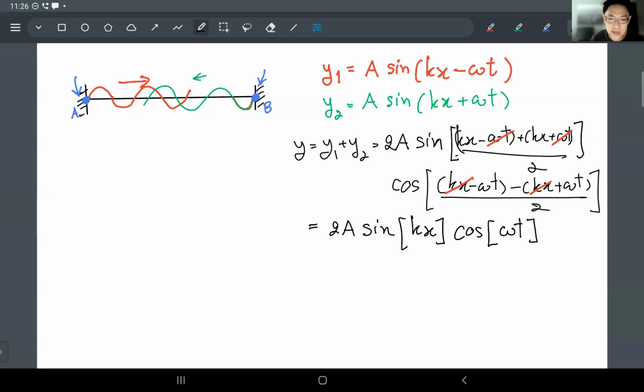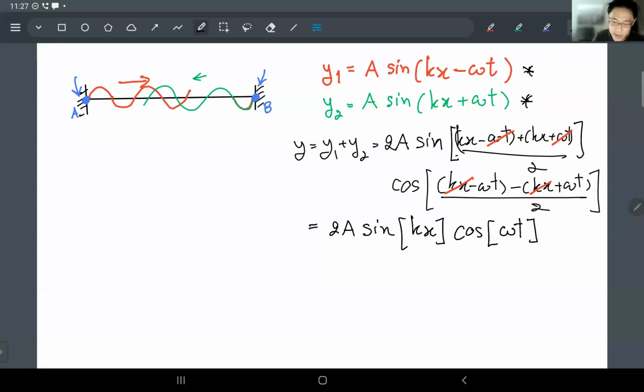But what you get at the end is a weird looking wave, because you don't see kx minus omega t anymore. They got split out. kx is with the sine, omega t is with the cosine. But it's still a wave, isn't it? It has to be a wave because it came from the combination of these two waves. But there is something special about this one.